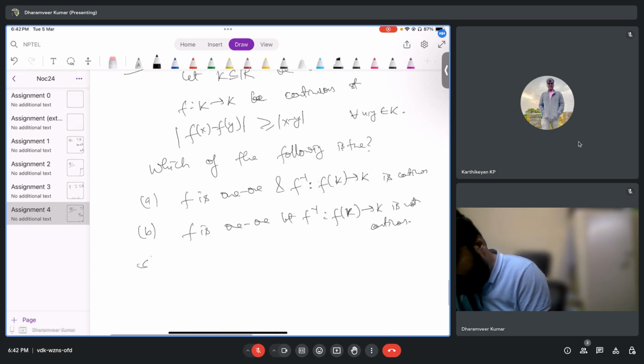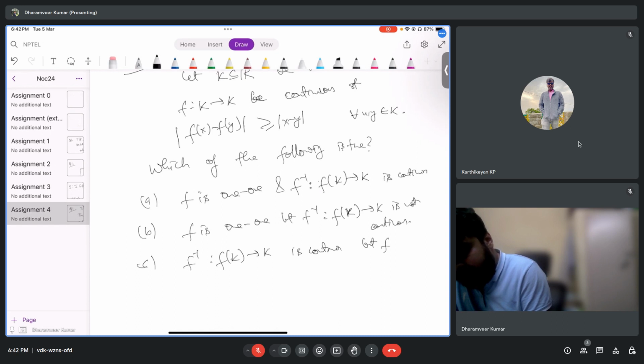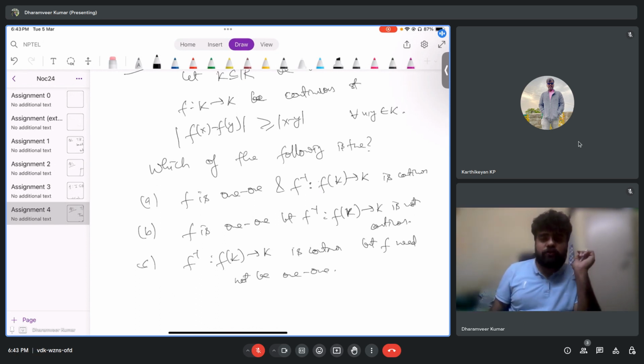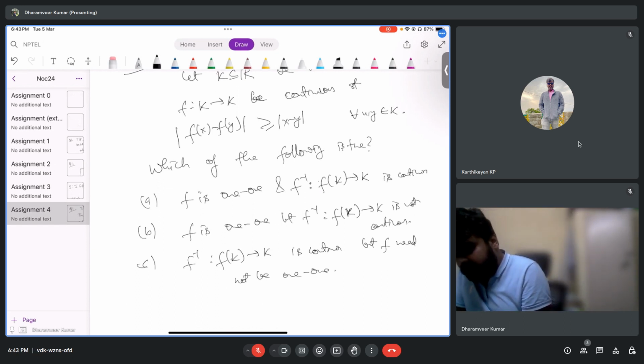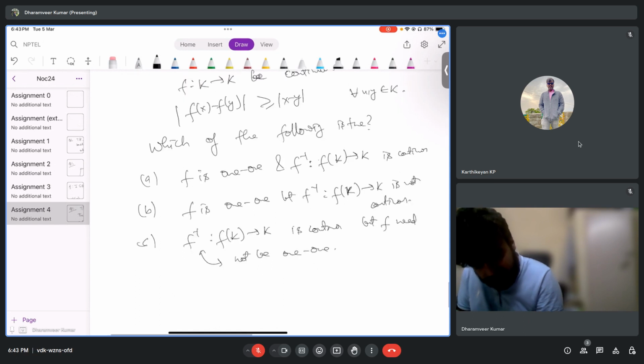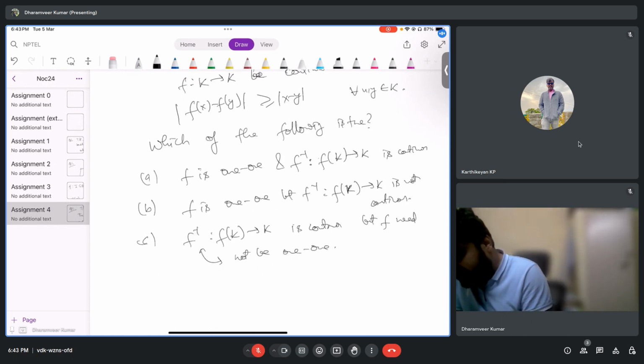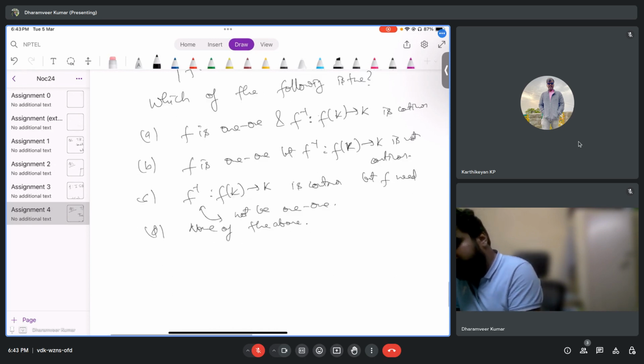C, f inverse from f(K) to K is continuous, but f is not 1-1. This is a little oxymoronic statement. This cannot be a function otherwise if it's not 1-to-1. D, none of the above.